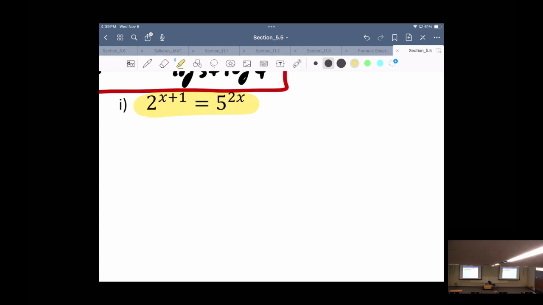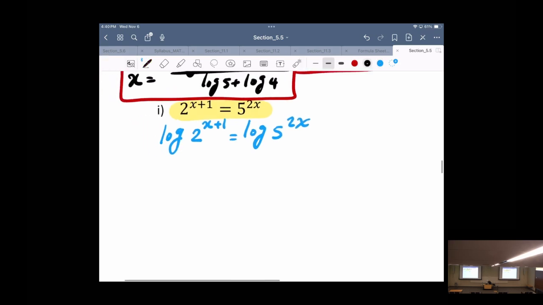I'm assuming you've done that. Okay, so again, we have to bring the x terms down in order to solve for it, right? So let's take the log of both sides. This allows us to bring the powers down and in front.